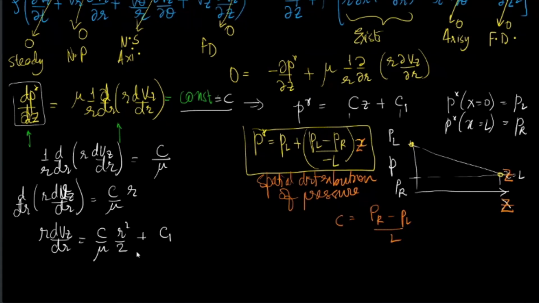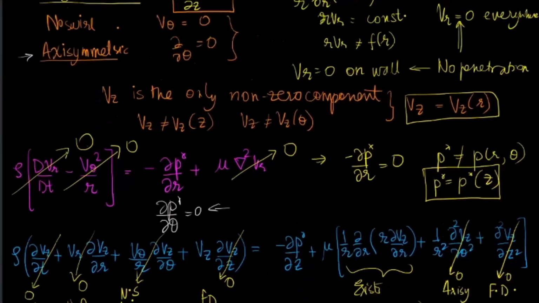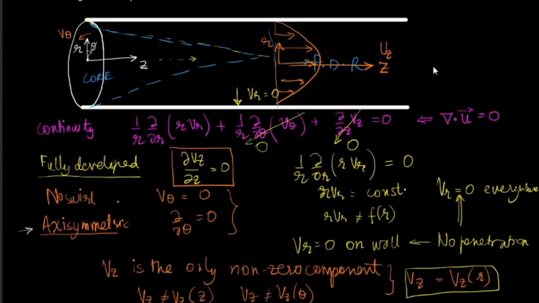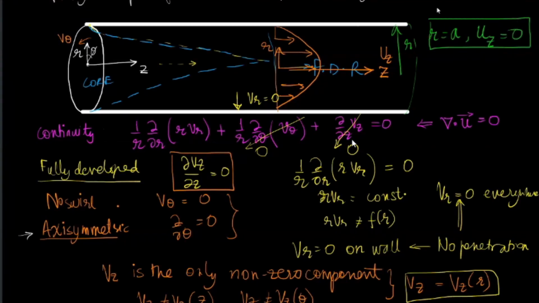Now, before proceeding further, let's just look at the boundary conditions at the cylinder, the tube walls. So at R equal to, say, A, that is the wall of the cylinder, uz will be equal to 0, and this is a consequence of the no slip boundary condition.